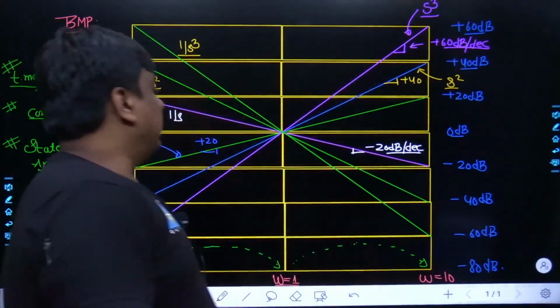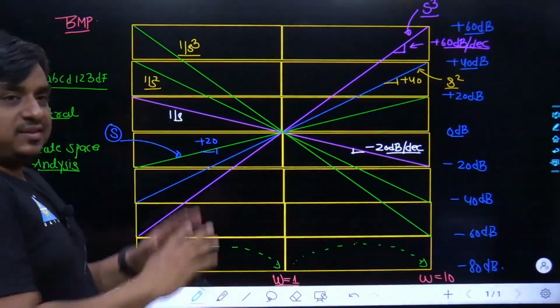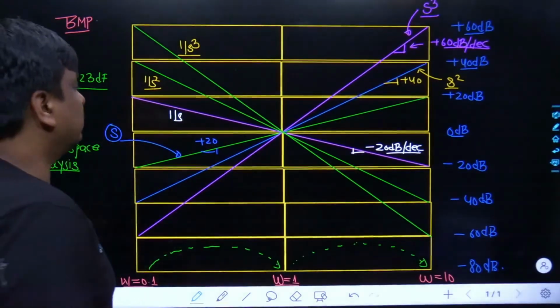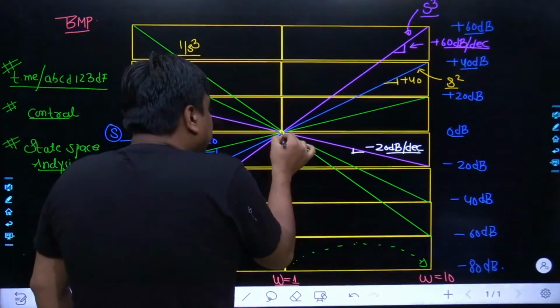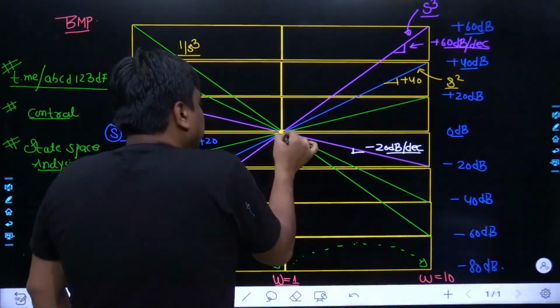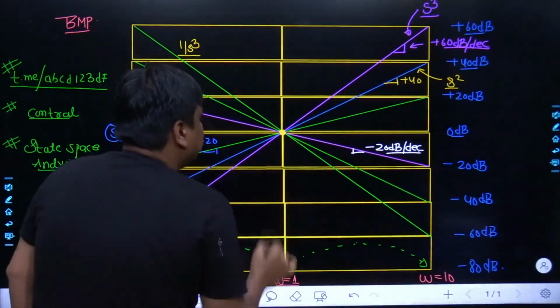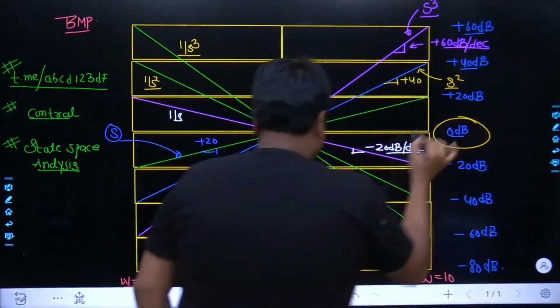So a few important conclusions which we can retrieve out of this complete Bode plot which we have drawn for the derivative as well as integral terms. As far as their intersection point is concerned, they all intersect at the same point, omega equal to 1, and that is 0 dB.